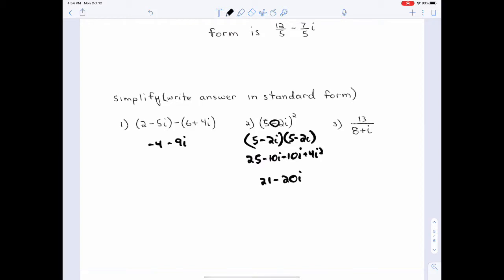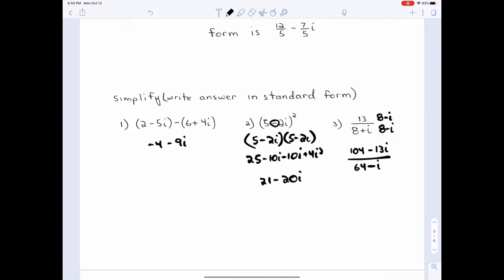Last one. Let's rationalize it. So we have 8 minus i over 8 minus i. We get 13 times 8, which is 80, and 24 would be 104, minus 13i. That's the top. And the bottom's going to be 64 minus 8i plus 8i, and then minus i squared.